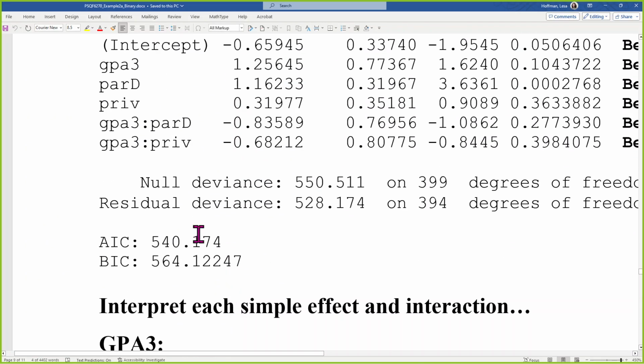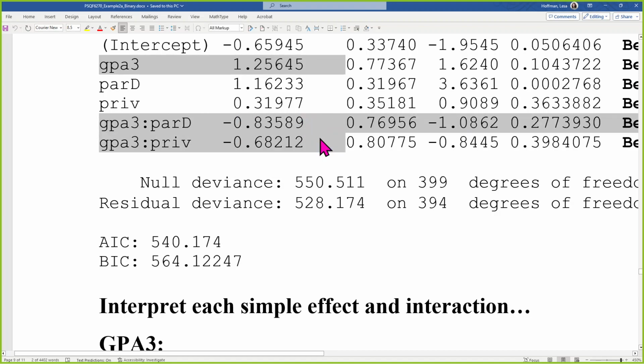Coefficient time. Let's start with the slope of GPA as a thing I care about. That is no longer the slope of GPA for everybody, right? It's conditional. Who is it for, given these two interaction terms? What kind of kid? Par D means your parent has a graduate degree, where no is 0.